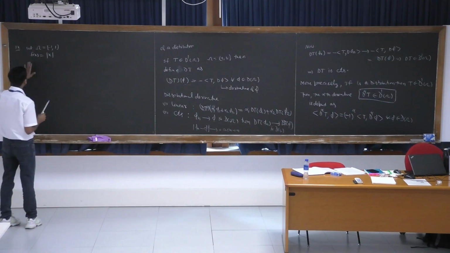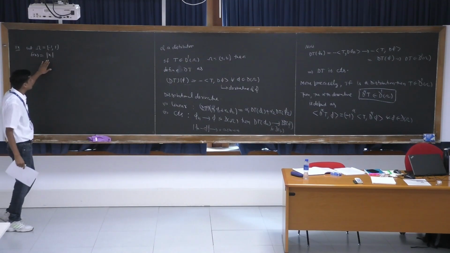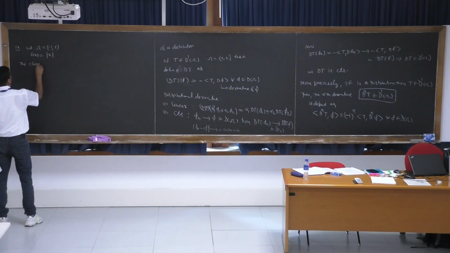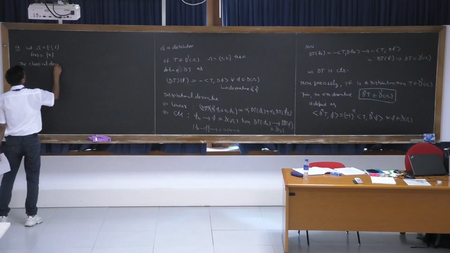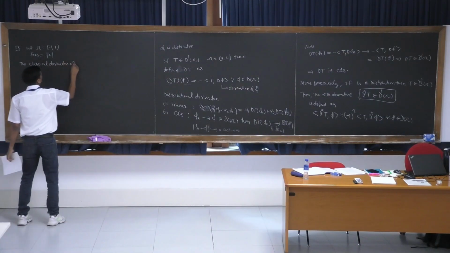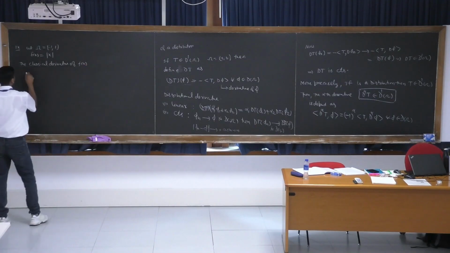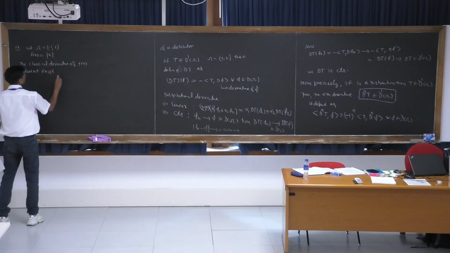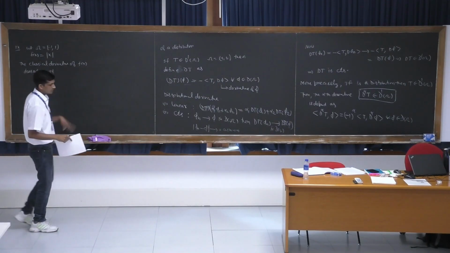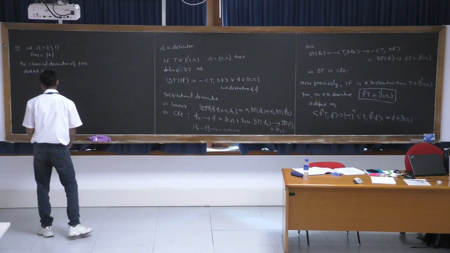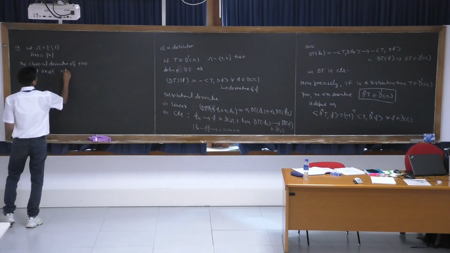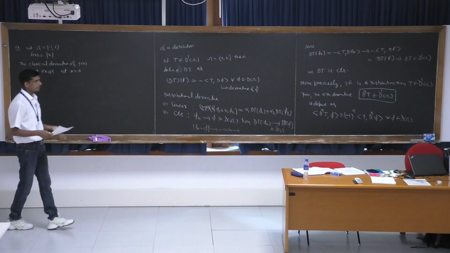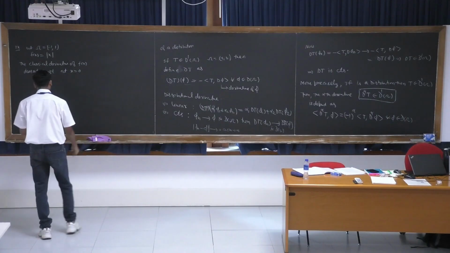You know that the classical derivative of f of x doesn't exist, because at x equal to 0 the derivative doesn't exist. But its distributional derivative exists. So how do we start?